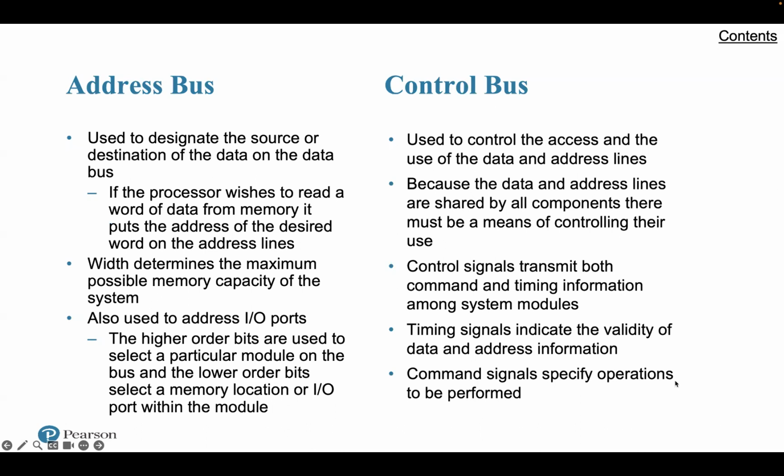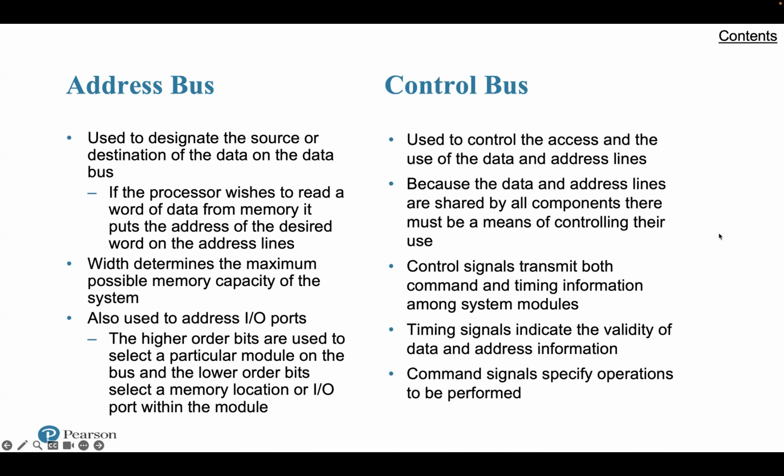Okay, let's think about the address bus and the control bus. Let's go ahead and think about these one at a time. First of all, the address bus is used to address the source or destination of the data on the data bus. Its width determines the maximum possible memory capacity of the system. The control bus is used to control the access and the use of the data and address lines.